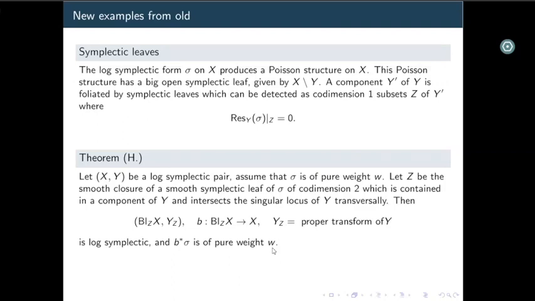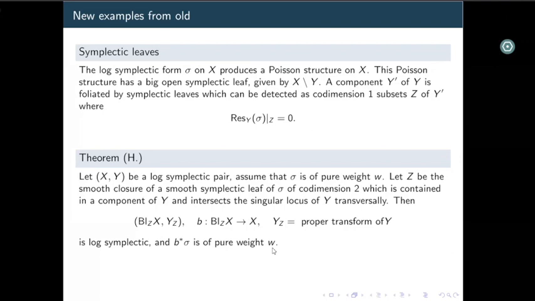So when we were talking about the classification of log symplectic surfaces, what we did was we had these basic pairs consisting of some surface and an anticanonical divisor, and what we did to produce the rest of them was we just blew up points inside of the anticanonical divisor.